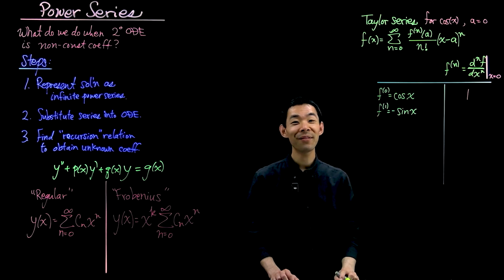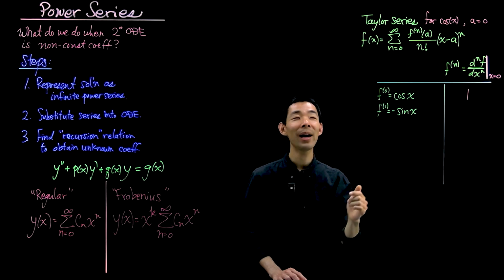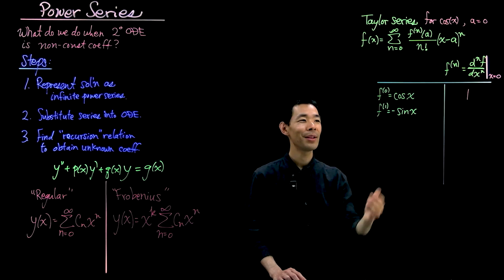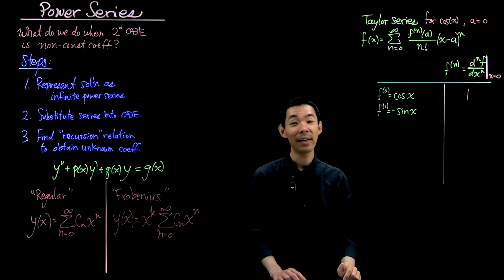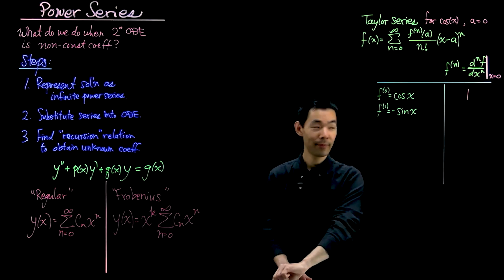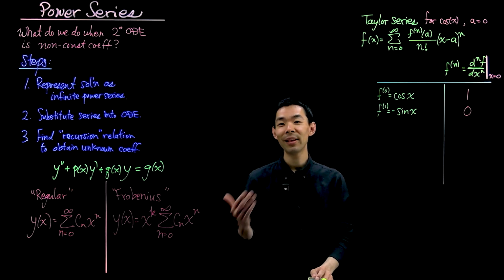The first derivative of our function, f prime, is the next coefficient that we need to obtain. So we get simply the derivative of cosine x, which is equal to negative sine x, evaluated at x equal to 0 is simply equal to 0. Next coefficient is the second derivative. Let's just keep going and list out a couple more.